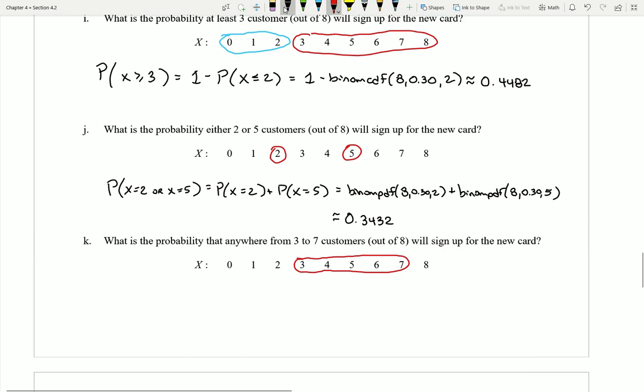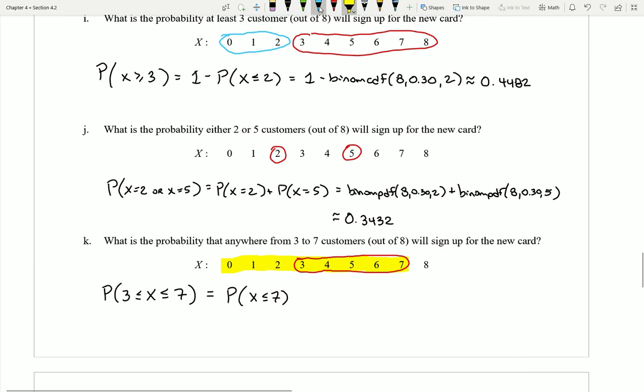Here's one way, though, that I could possibly do this. To find the probability that x is somewhere from 3 to 7, what if I was to first imagine grabbing all of the x values that were less than or equal to 7? Let's just take a look. Imagine I grabbed all of these values here in yellow. Now, obviously, that's way more values than what I need.